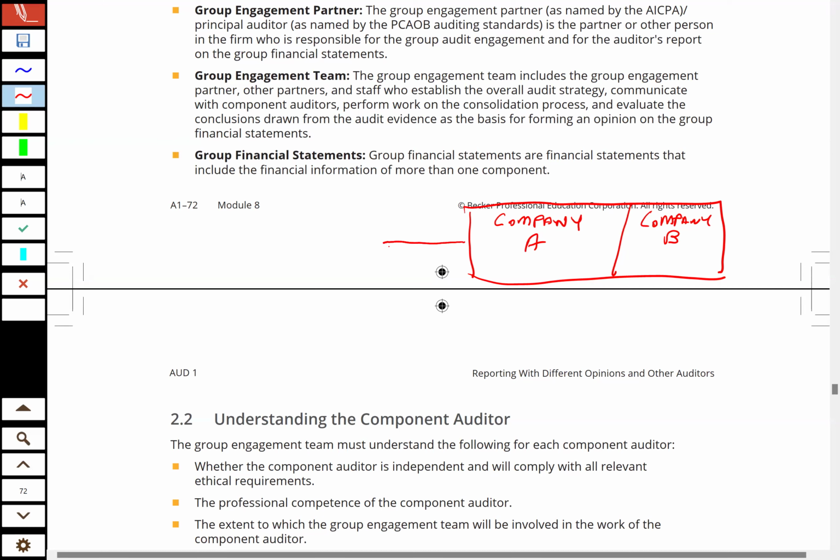We decide that we're going to take company A and company B and consolidate them into consolidated financial statements. Okay, now using the language that we're talking about here, company A would be considered a component.